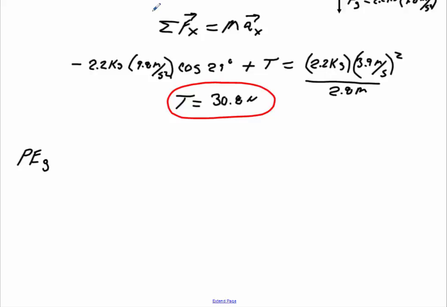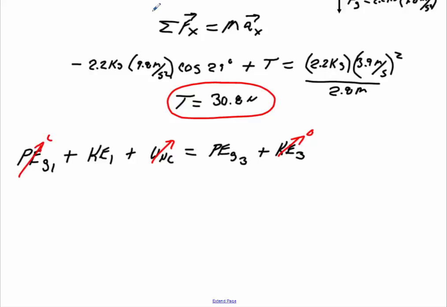Gravitational potential energy at 1 plus my kinetic energy at 1, plus the work done by non-conservative forces, and again we know that is 0 because there's no friction taking place, is equal to the gravitational potential energy at position 3 plus the kinetic energy at 3. Again, it's come to a stop, so this is going to be 0. Since I'm taking this at the bottom, this is also going to be 0.